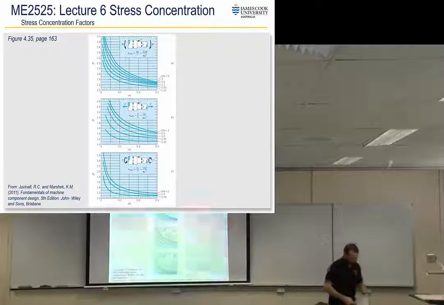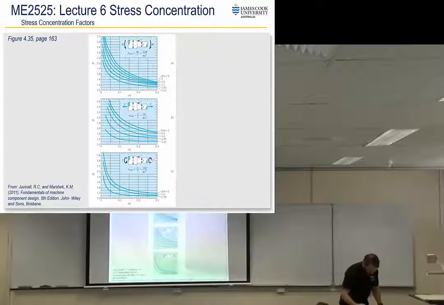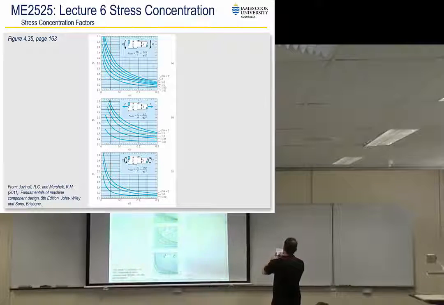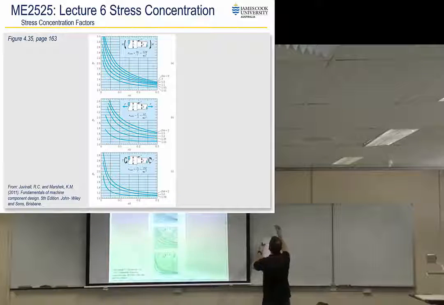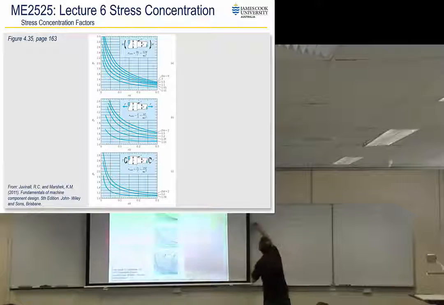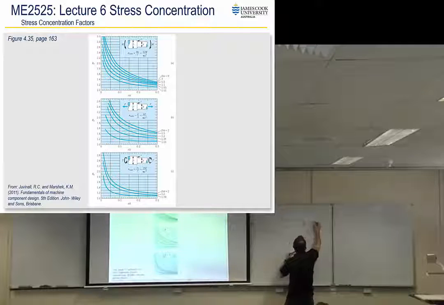Okay, so what I want you to do is find me a KT value. Alright, I have a circular shaft. I have some axial loading, that's important, that tells you which graph I need to use.